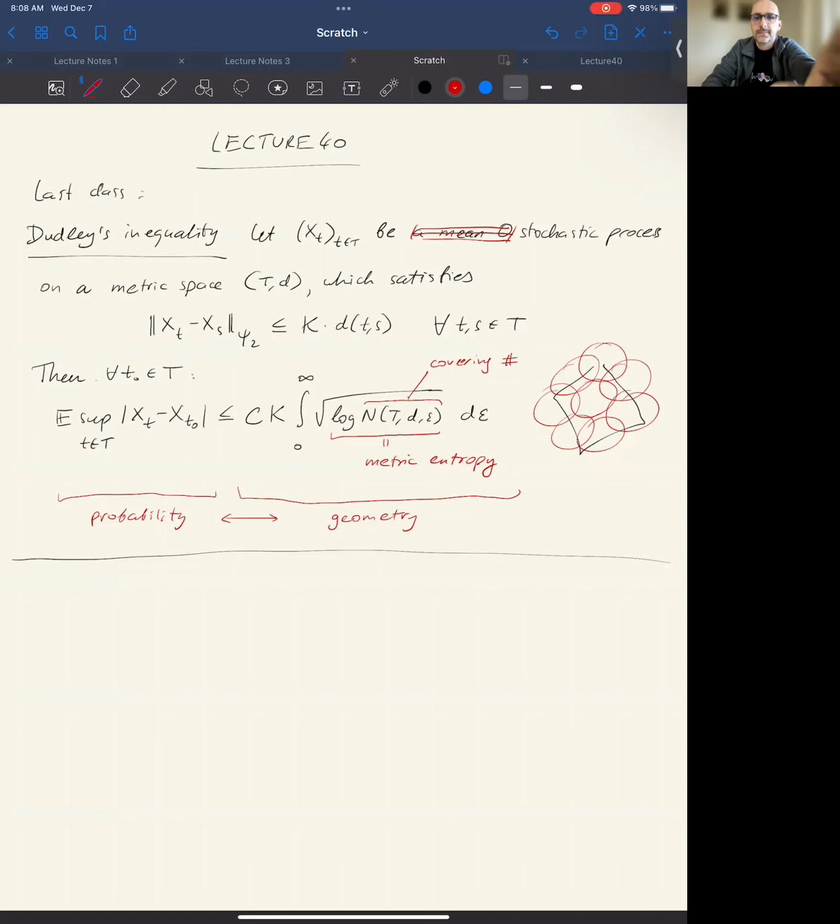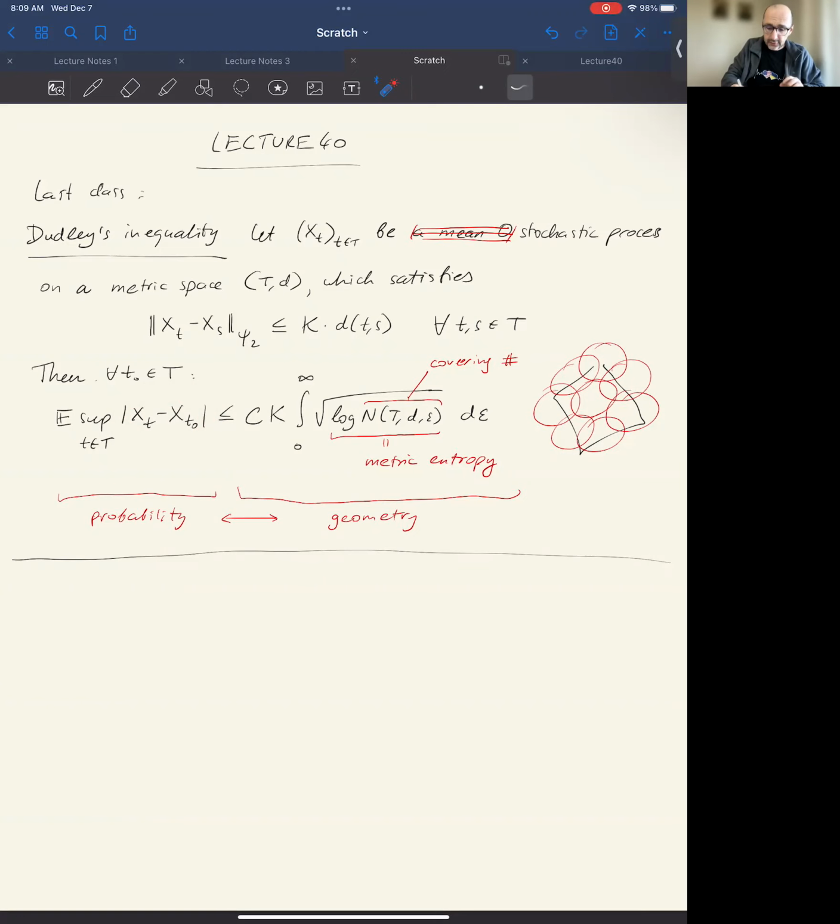Yeah, I have a question. Why is mean zero not necessary in here? Yeah, I'll give an intuitive answer and then the formal answer. The intuitive answer is that it's not important because we subtract X_t minus X_{t0}, and so it kind of cancels. Let's say if all X_t's have the same mean, say mean 10, then by subtracting it will cancel.